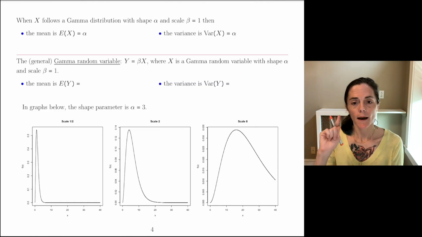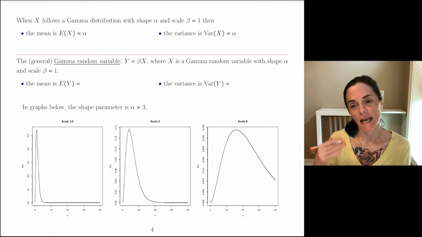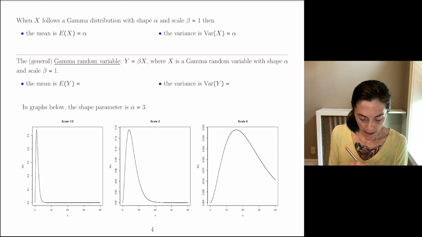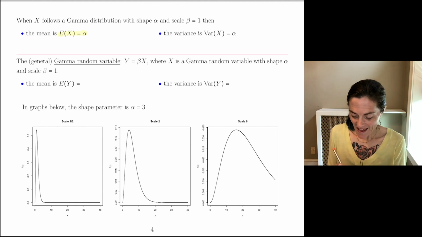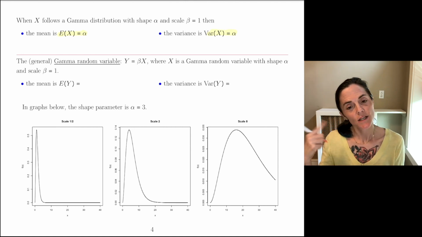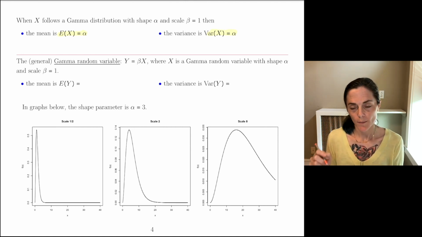Okay, now, when you have this shape alpha, this basic gamma distribution, the mean is alpha, and the variance is also alpha. Very nice. Let's discuss the general gamma random variable.